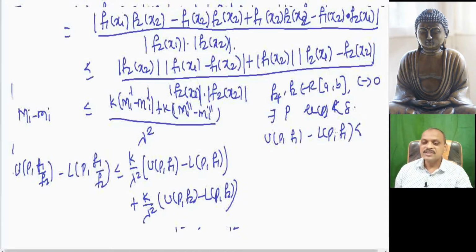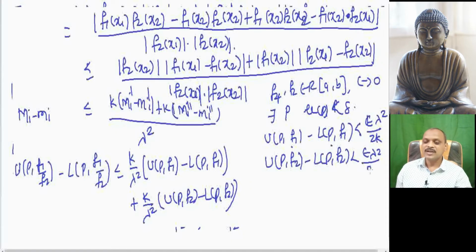Here the function is integrable, so this sum can be less than any number. Therefore, we adjust this quantity such that we must get epsilon by 2, and hence we take it as epsilon into lambda square divided by 2k, and UPf2 minus LPf2 is less than epsilon lambda square divided by 2k.